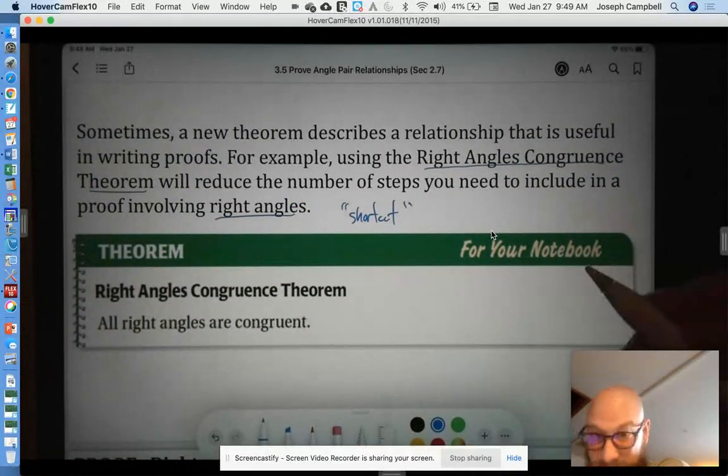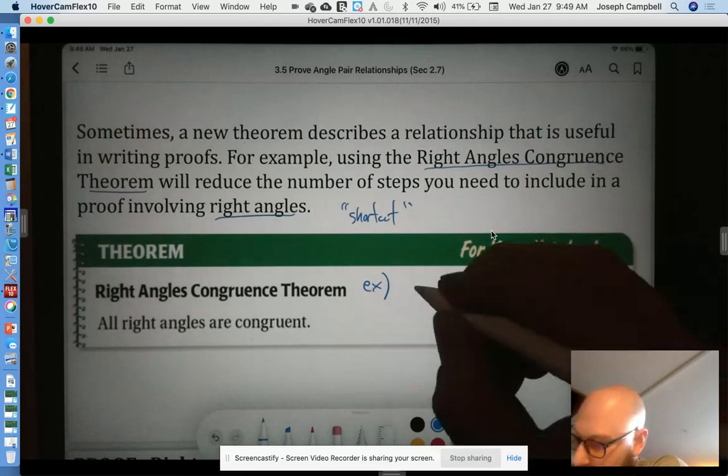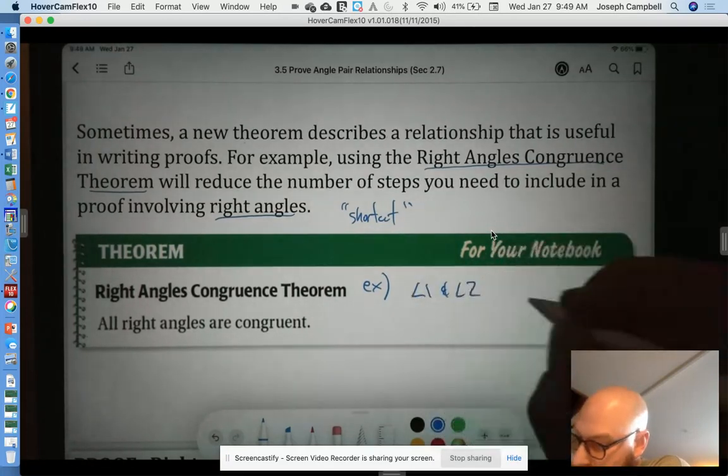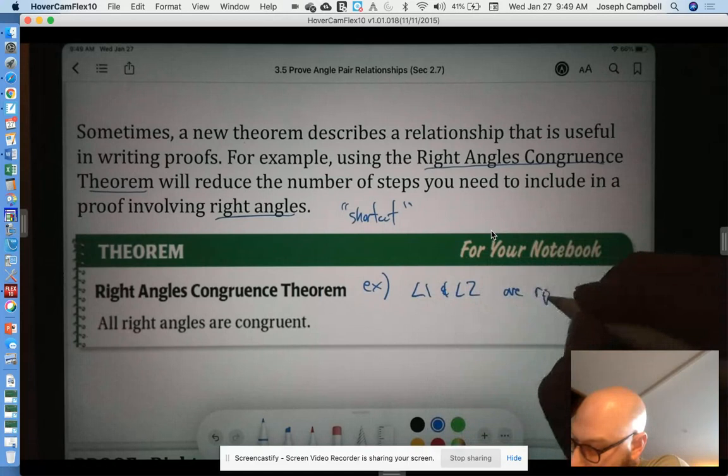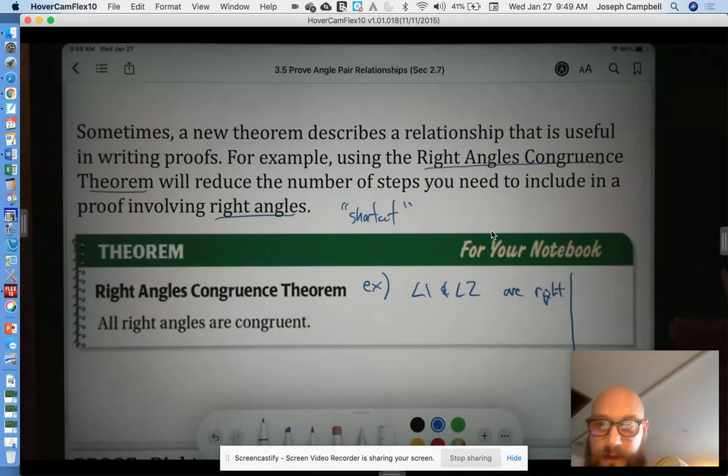Okay, an example. When you would be able to use this, we'll use it after we prove it, but just to give you an example, we would say that angle 1 and angle 2 are right. You'd be able to identify that by a marker in the diagram or being told some other information. Maybe that was given to you, okay?